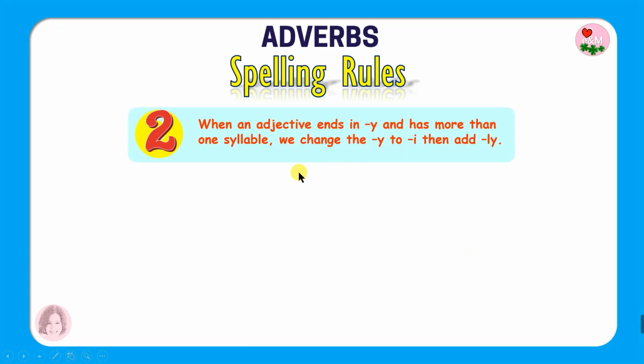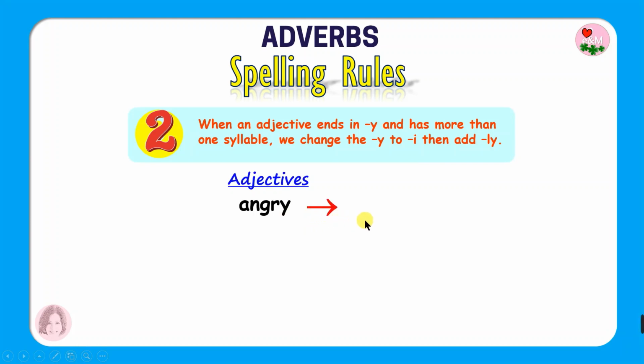Rule number 2. When an adjective ends in y and has more than one syllable, we change the y to i, then add ly. Okay, for example, angry is an adjective. Replace the last letter y with an i and then add ly.